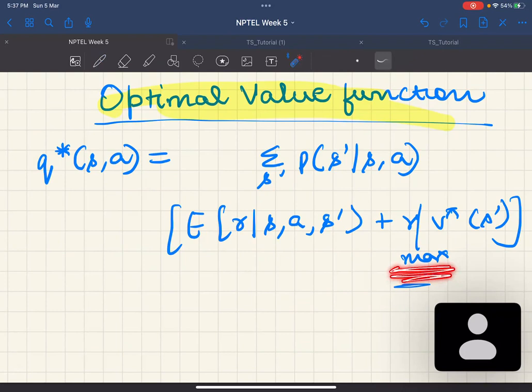Max is here, not here. Can you tell me how? Yes, any idea? It tells us which policy will give us the maximum discounted reward, meaning the function will provide the maximum value basically.